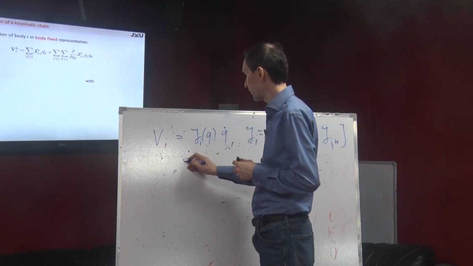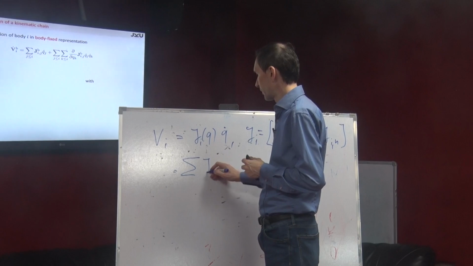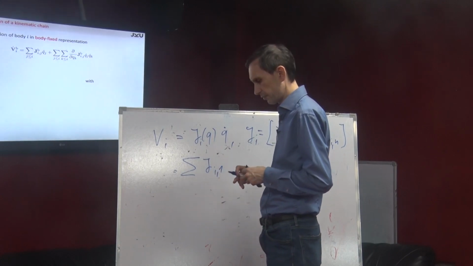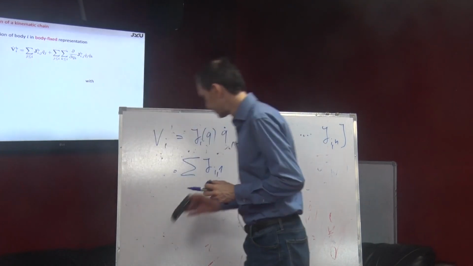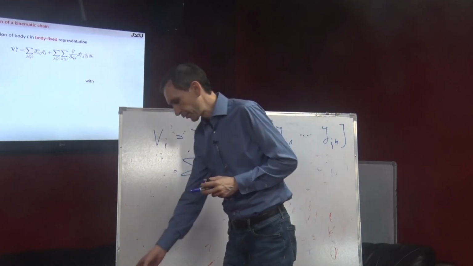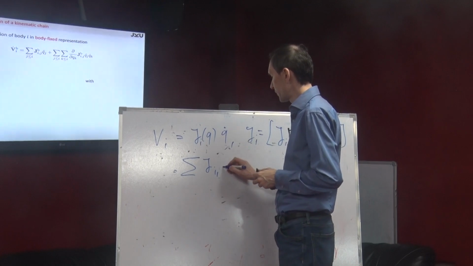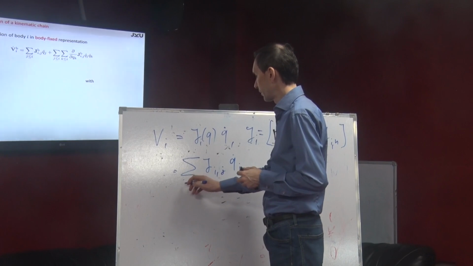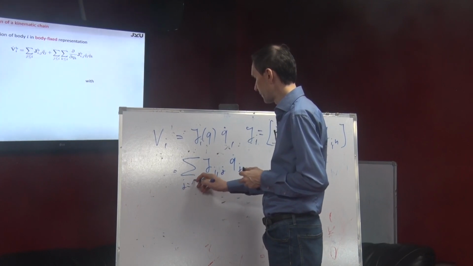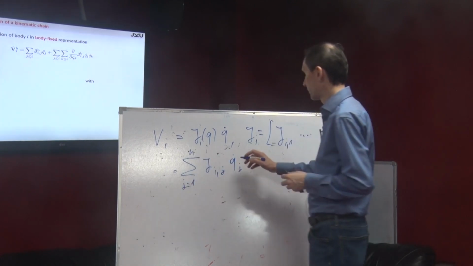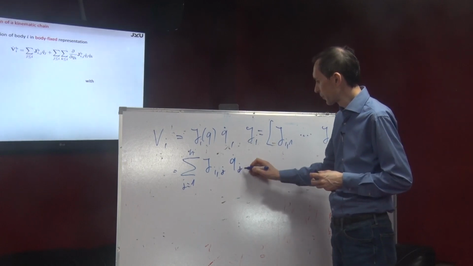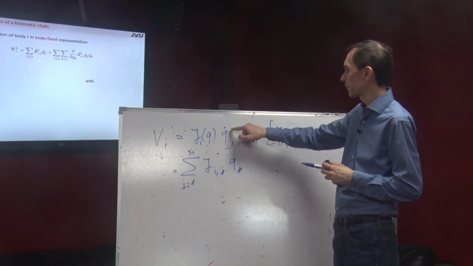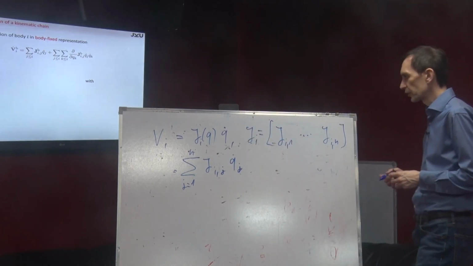So we actually sum over the columns multiplied with the respective q dot.